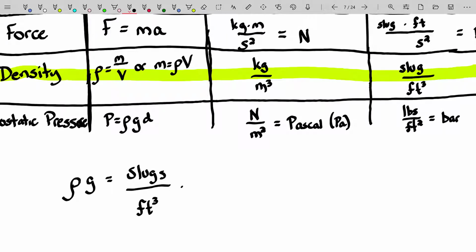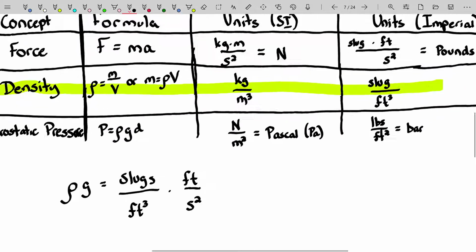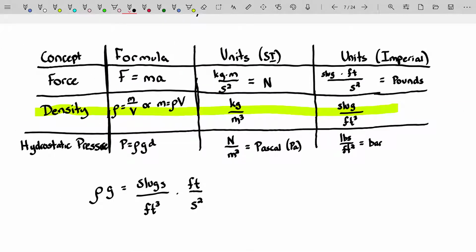We know acceleration due to gravity is feet per second squared. Now take a look at our unit of force in the imperial system. Right here, it's the pound, but that is actually mass times acceleration: slugs, feet per second squared. Slugs, feet per second squared can be traded out for the word pounds.